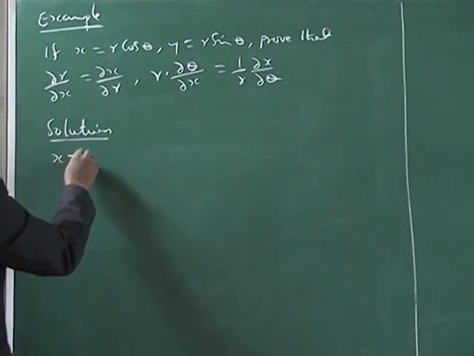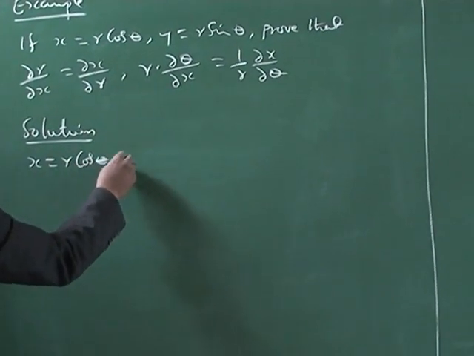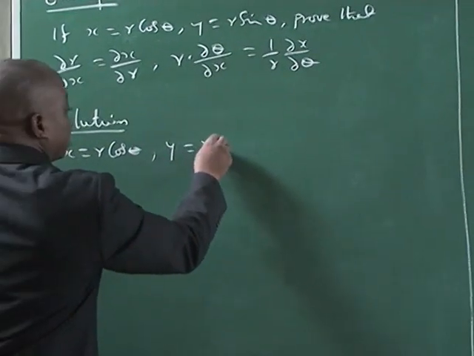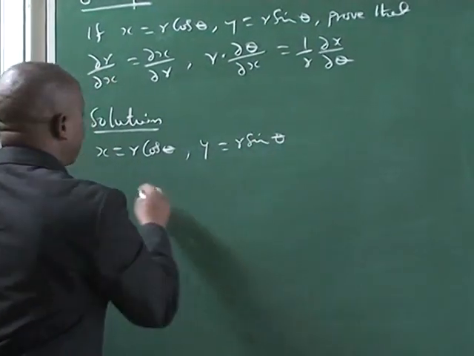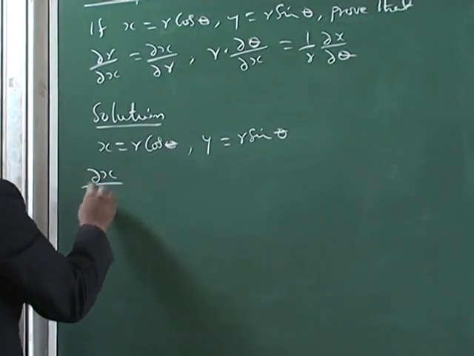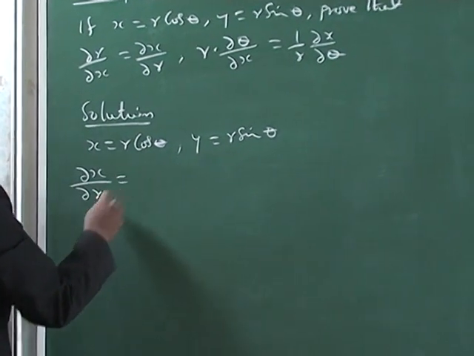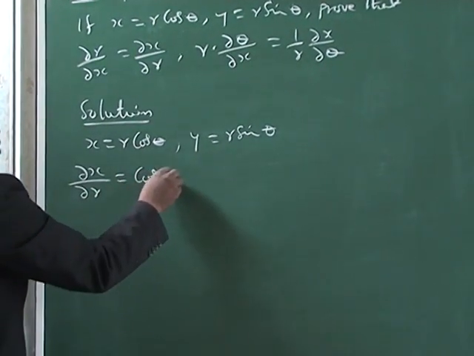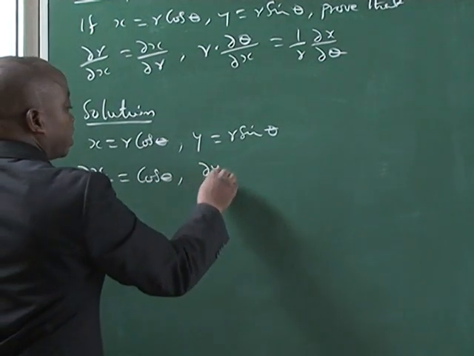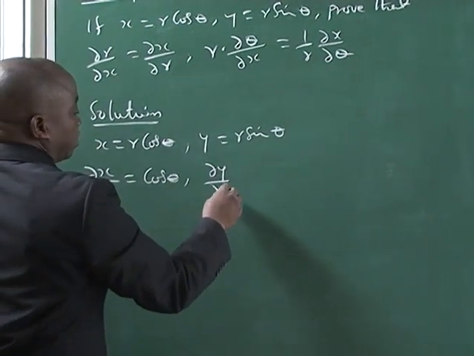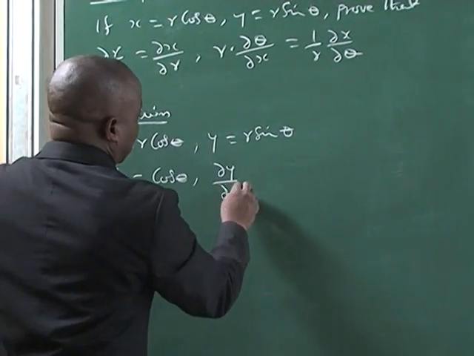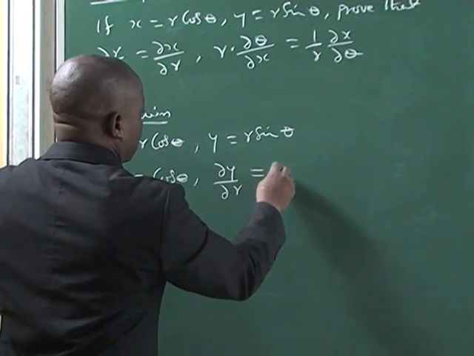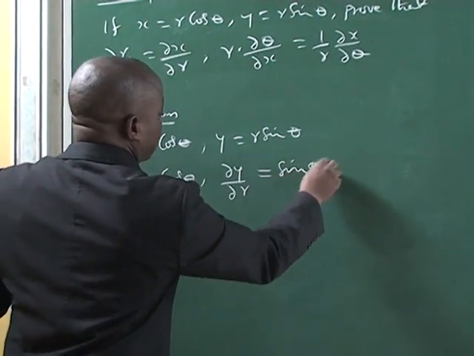We have that x is equal to r cos theta, y is r sin theta, and we know that partial x partial r will be equal to cos theta. So partial y partial r is equal to sin theta.